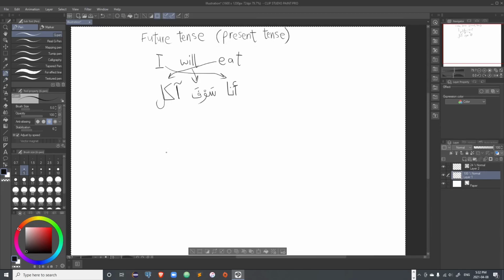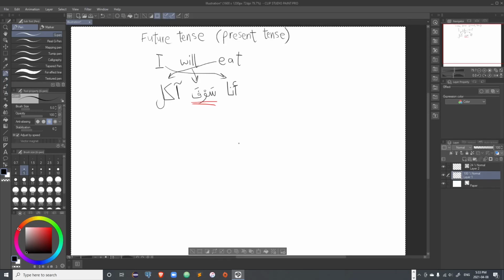Let me underline this in red to indicate the future tense. Another form to indicate swiftness. So أنا سوف آكل, I will eat but not right away or not immediately.